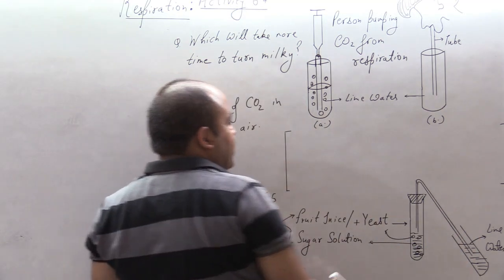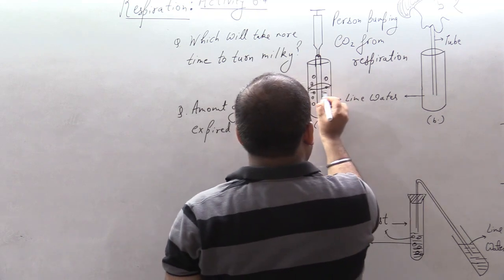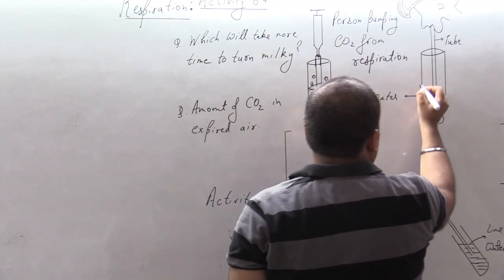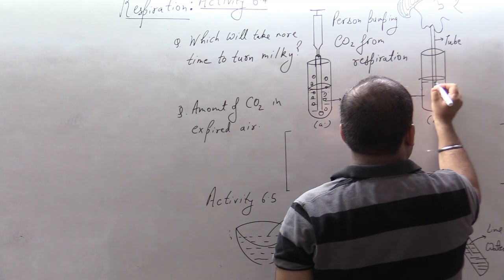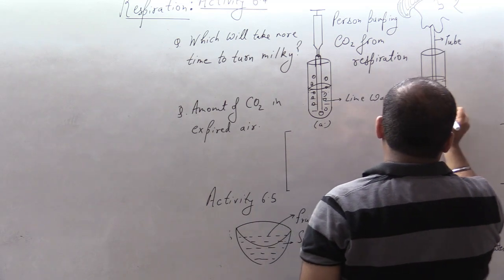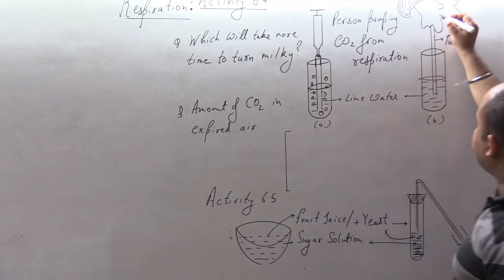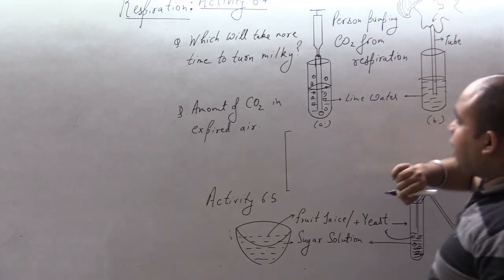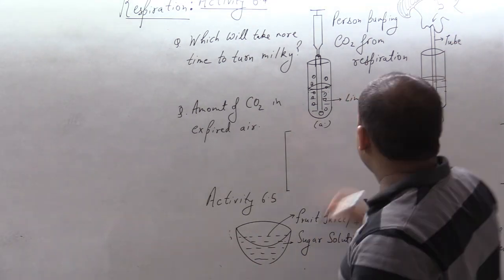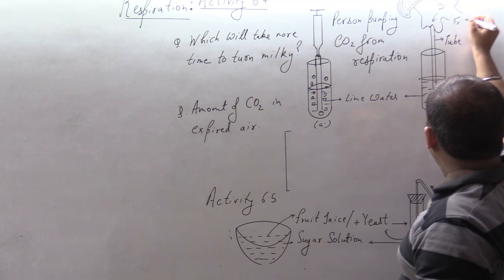In the other experiment, again the lime water was taken. The same lime water was taken in this experiment also. But in this experiment, instead of passing air, a person is exhaling the air. This is exhaled air.